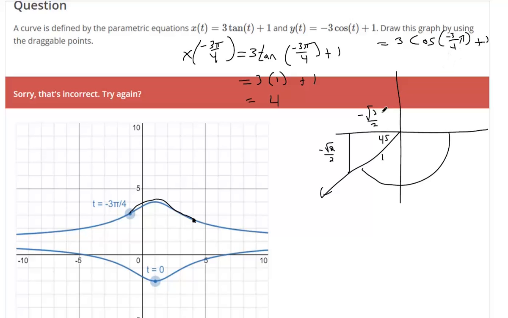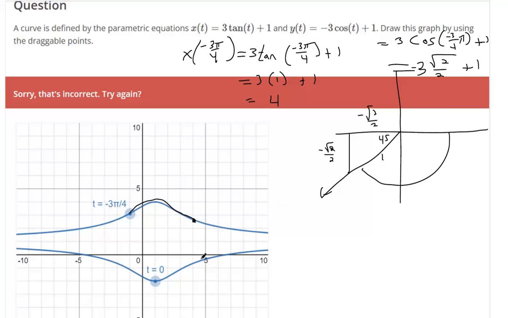That's right here, and cosine is the adjacent divided by the hypotenuse. So cosine of negative 3 pi over 4 is negative square root of 2 over 2. This term is all negative. That's just confirming what we thought, right? Negative 3 square root of 2 over 2 plus 1, that's going to be roughly 2.7-ish.